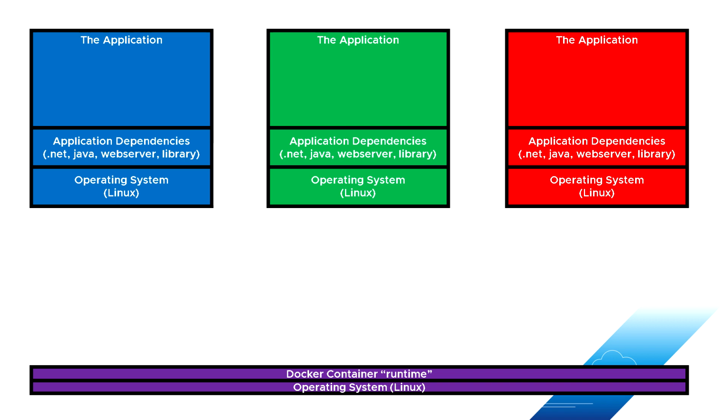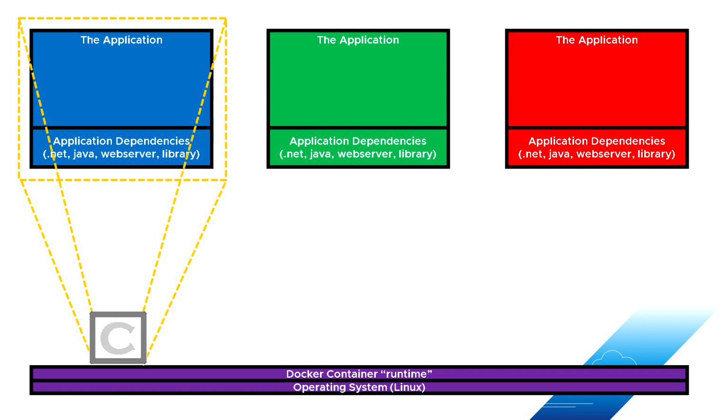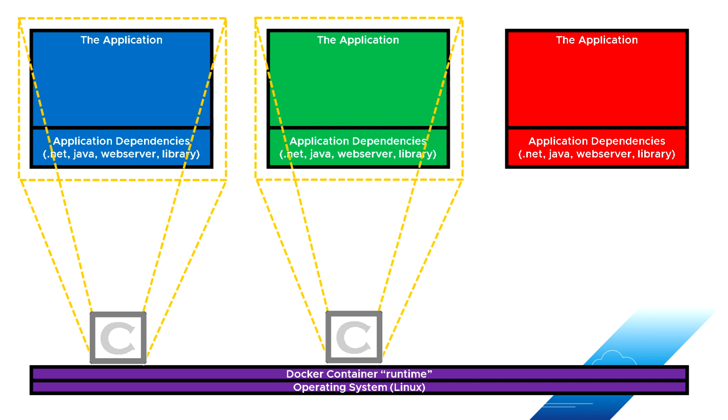What I can do now, because I've got that operating system and container runtime, is I could get rid of the operating system from each application, and now I just package up the dependencies and the application on their own or individually into a container, and that container runs on that operating system at the bottom, the purple strip. Now I do the same thing for the other 2 applications.